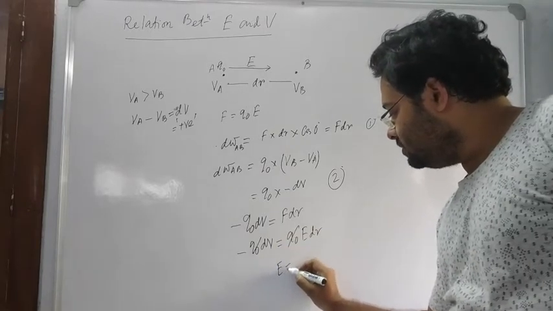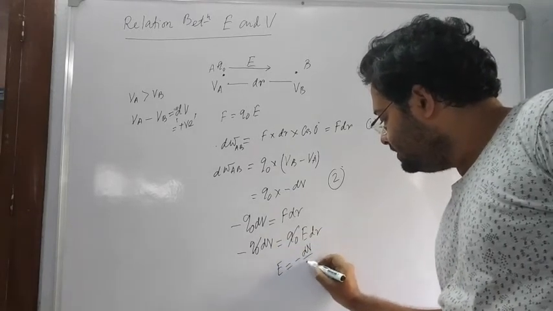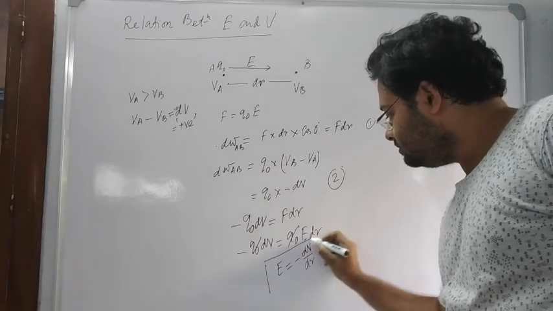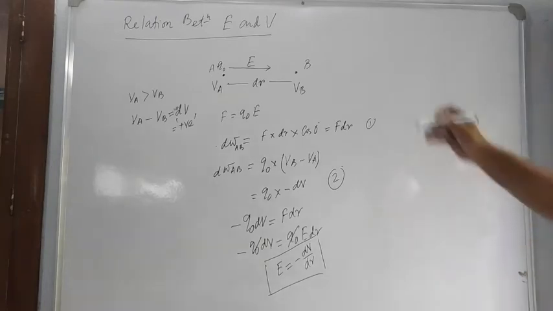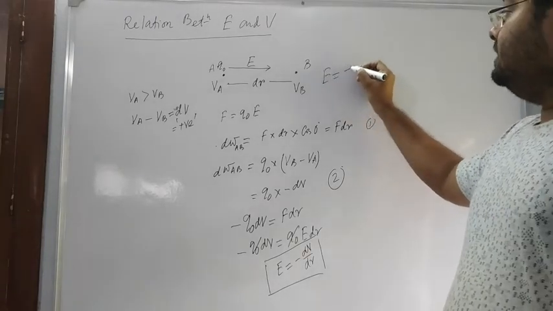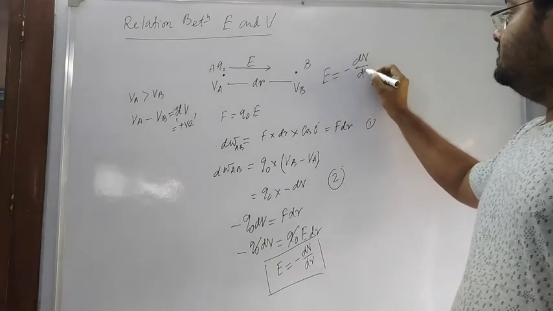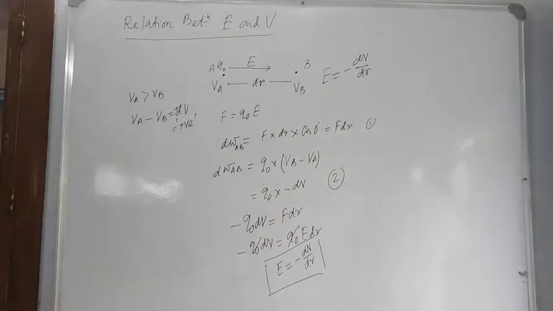So E equal to minus dV by dr. E equal to minus dV by dr. This is a very important relation, and you need to prove this in your boards multiple times.